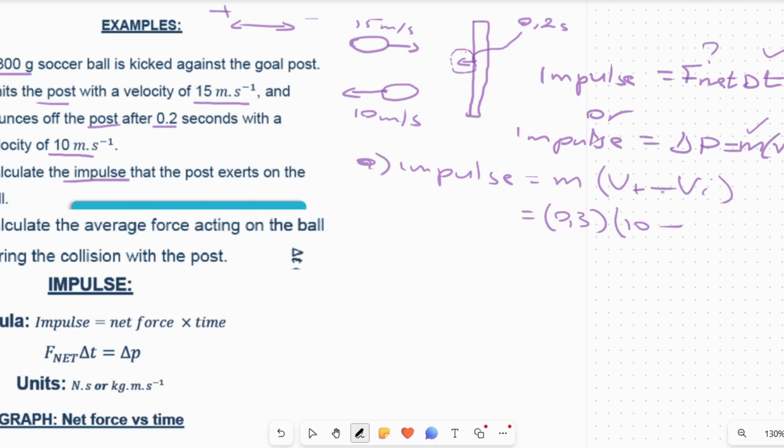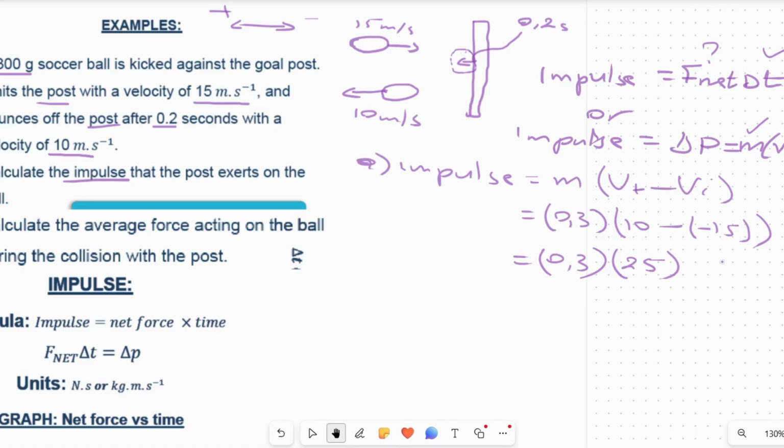Here I got a minus, but remember I chose this direction as negative, so this is going to be negative 15. I'm putting negative 15 here, then putting my bracket back. This is going to be 0.3 times 10 minus negative 15, which is positive 25.